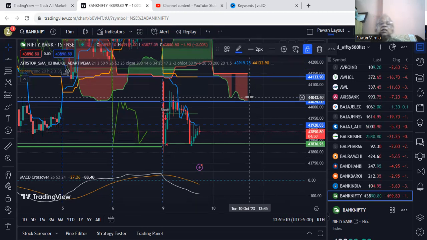But right now there is no chance of any upward move. The selling pressure has been reduced to the extent where we can visualize that there is a difference in buying and selling pressure. Therefore, the selling in Bank Nifty is slightly reducing.